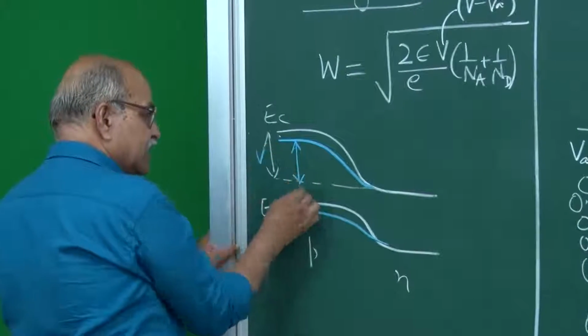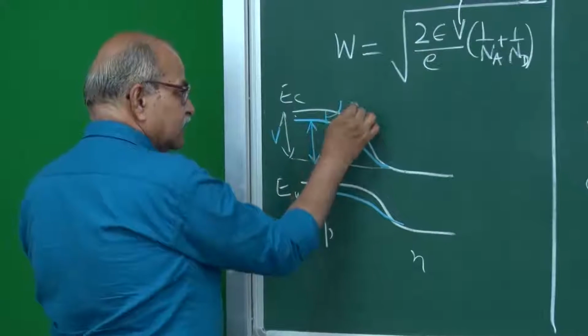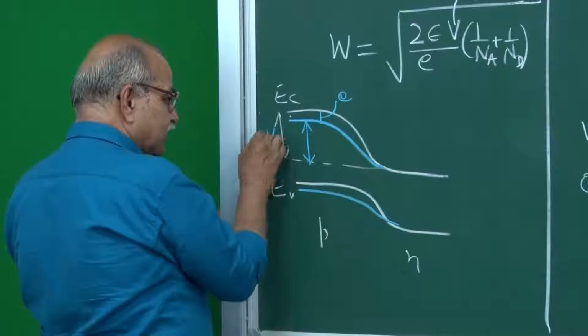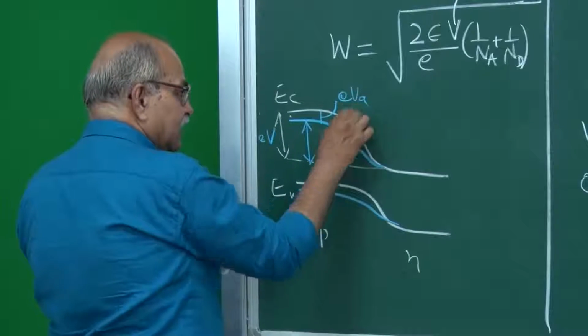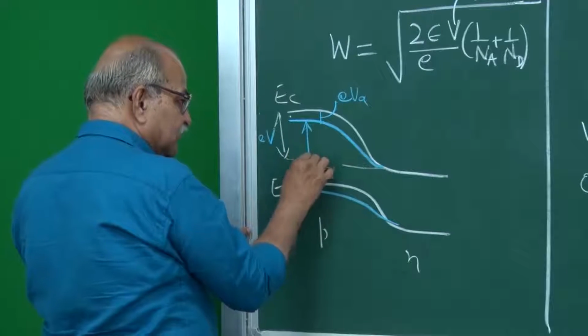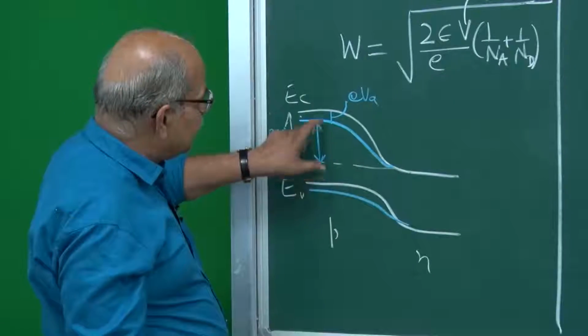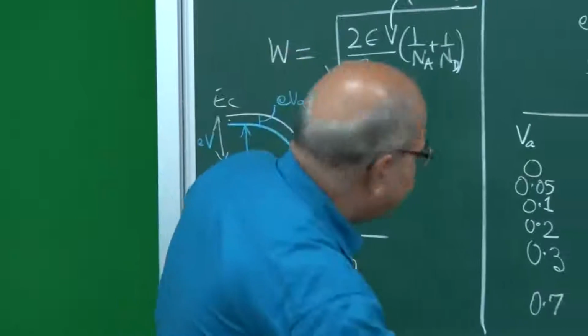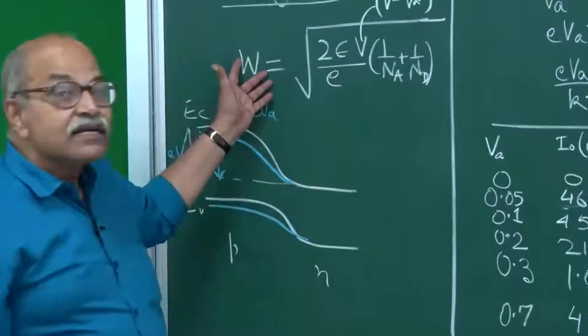So, this was V, and this is that applied energy, so better to write e times VA, and now this is the barrier. So, in place of V it becomes V minus VA.